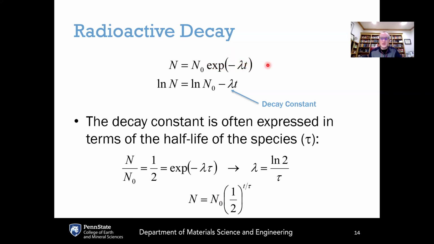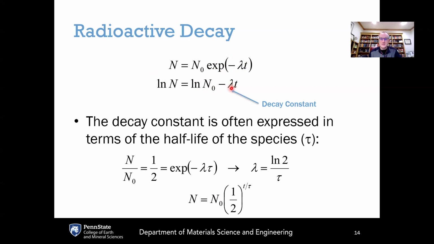And what we can do is take the natural log of both sides of the equation in order to linearize this. So you've got the natural log of N on the left-hand side equals the natural log of N0 minus lambda times t. And written in this way, we can see that this parameter here, lambda, is called the decay constant.